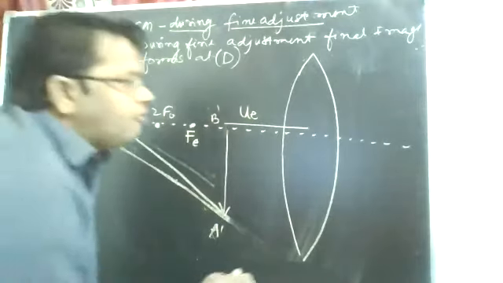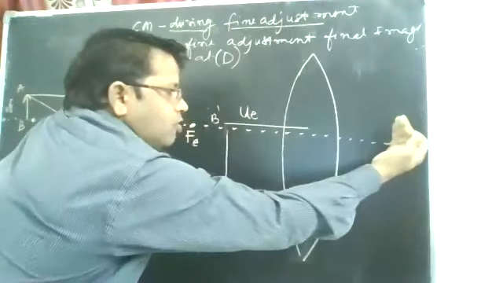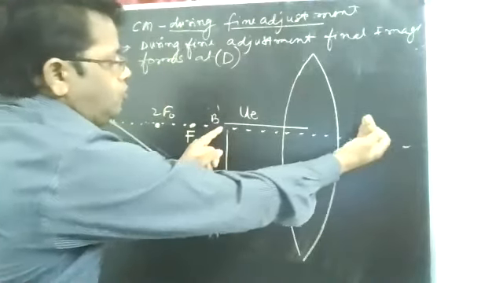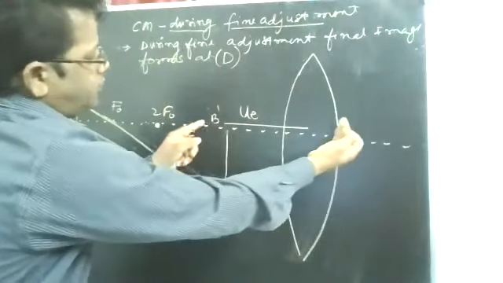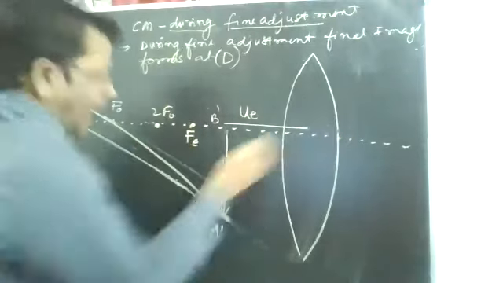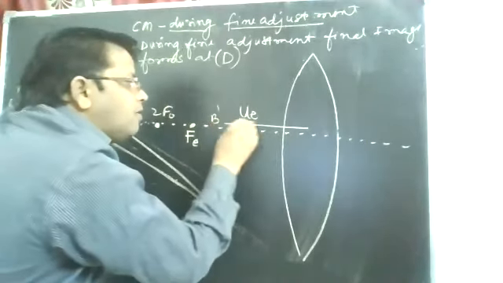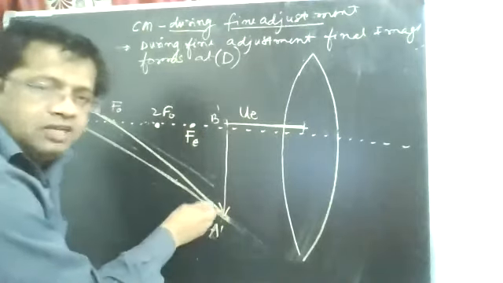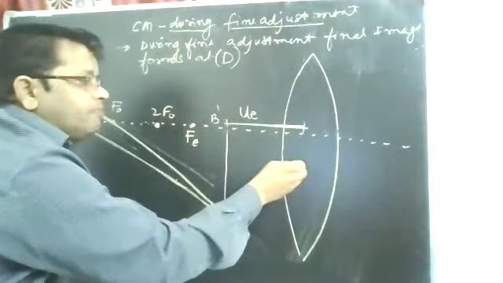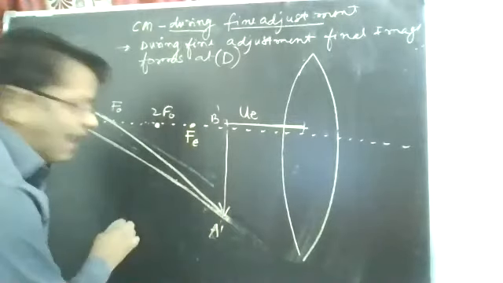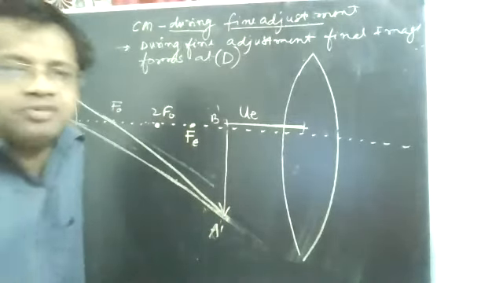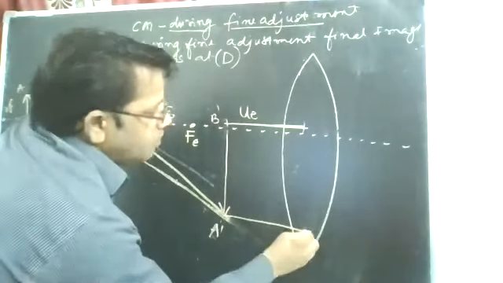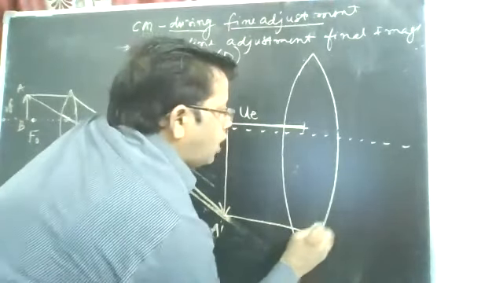But during fine adjustment, we move this objective lens close to the object. So what happens? The focus point keeps on shifting, and there is a certain distance where the final image formed by the eyepiece lens forms at D, that is 25 centimeter. But how does the image form? Parallel rays pass through the focus point.